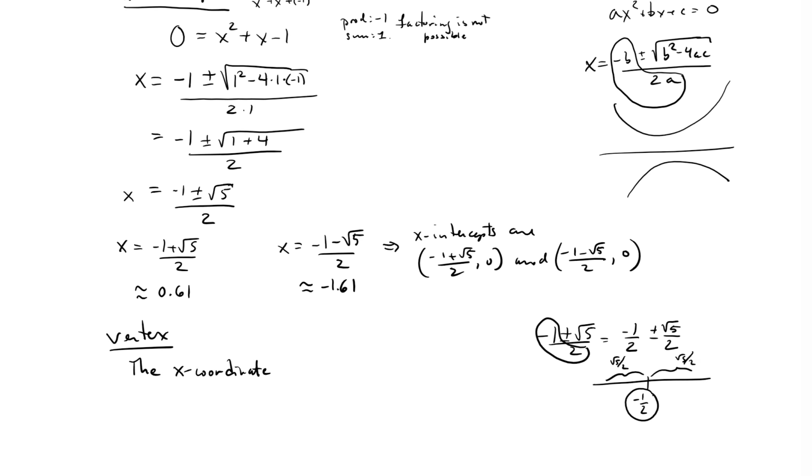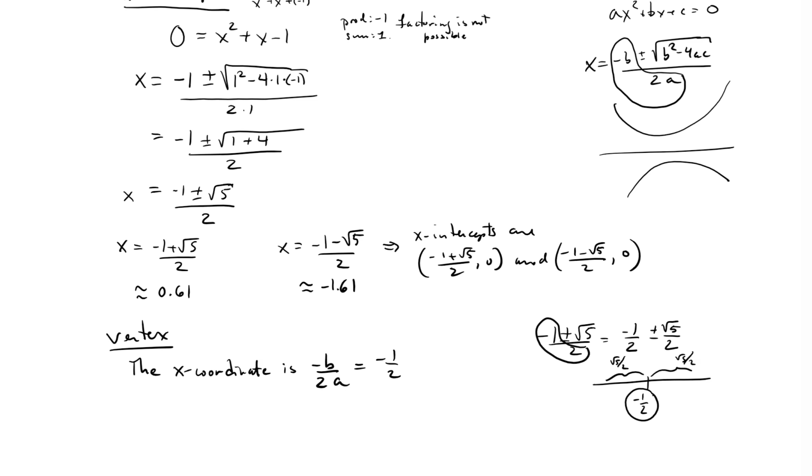In your book, they give you the formula without any explanation. That's a possible explanation. The x-coordinate is minus b over 2a. But like I said, you don't need to remember that by heart. You just need to see the part that's not affected by the plus or minus in the quadratic formula. And here it's just minus a half.